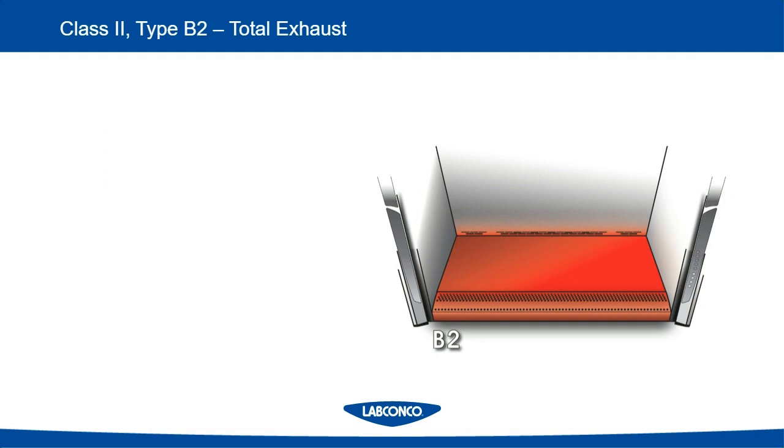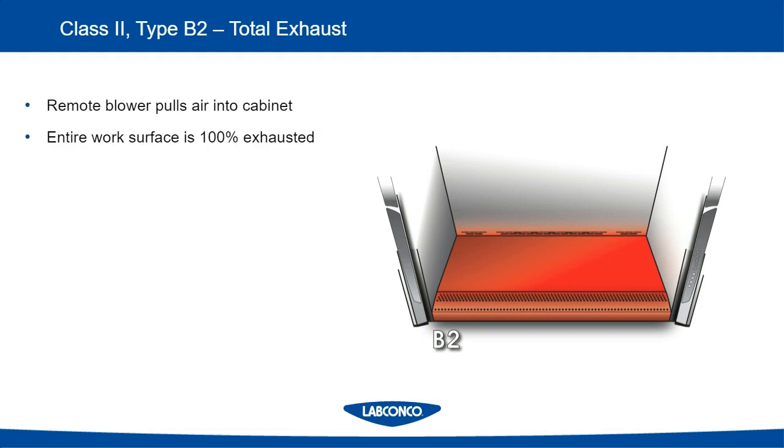Different from that one, we have the Class II Type B2. This would be considered a total exhaust cabinet, where 100% of the air that passes over the entire work surface is exhausted. There's a remote blower, again usually on the roof, that pulls air into the cabinet and exhausts 100% of the work surface air. The downside to these cabinets is that they have a very high CFM requirement.